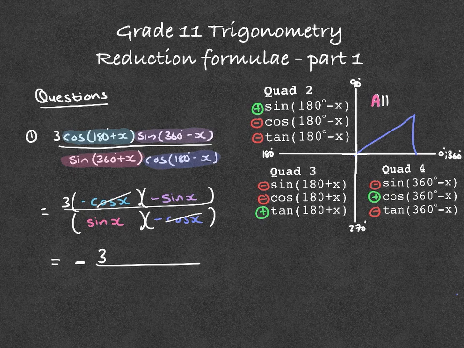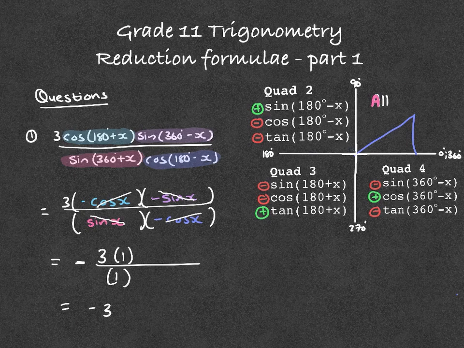What is sin x divided by sin x? It's also equal to 1. If one of you says cancelling, I will find you. So we've got minus 3 times 1 divided by 1, and that answer is just minus 3.